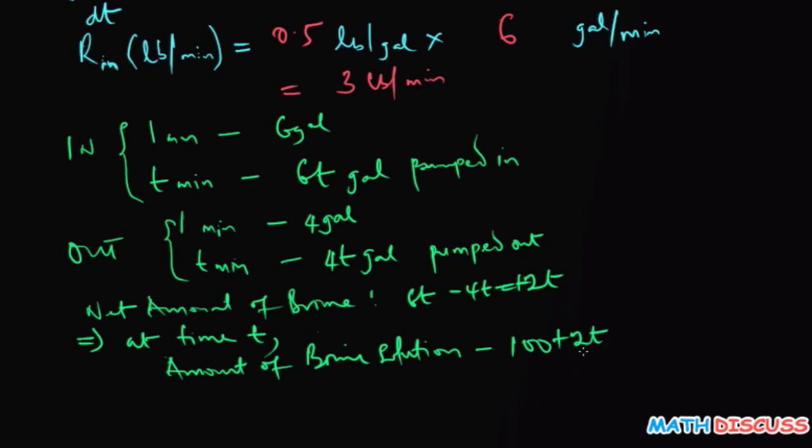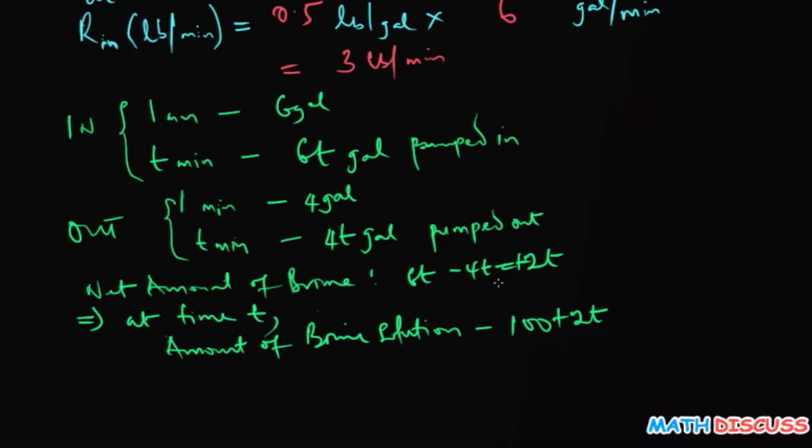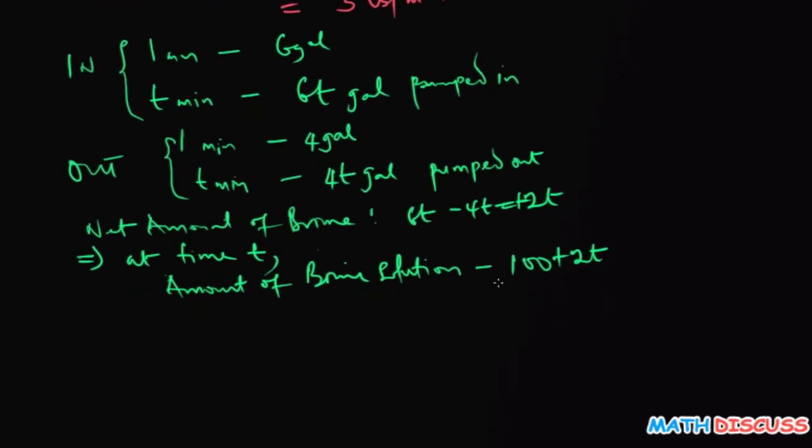That's going to be the amount of brine solution in the tank, because this time around it would have increased by 2t. So we are doing all this because we intend to find R out, that is the rate of change of salt leaving the tank.